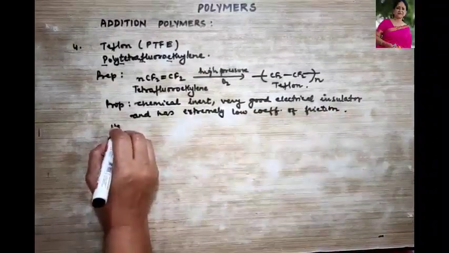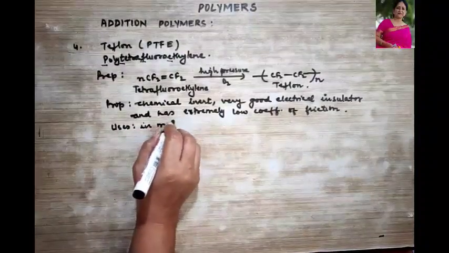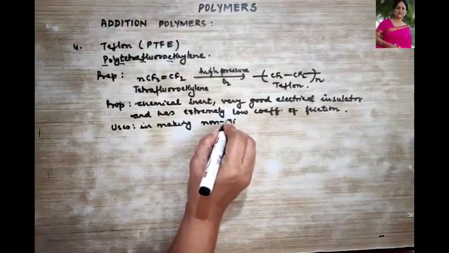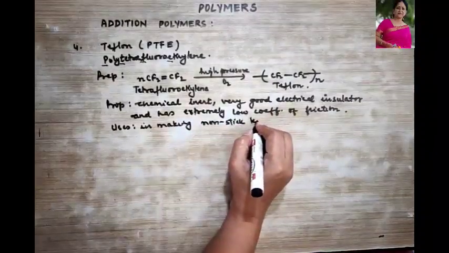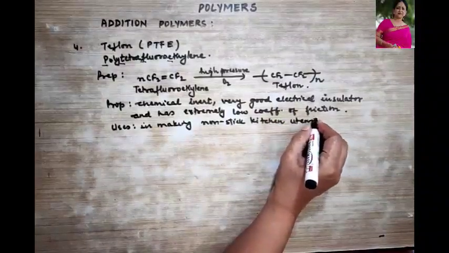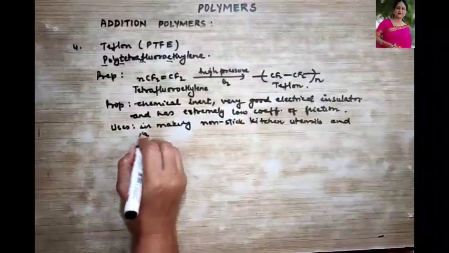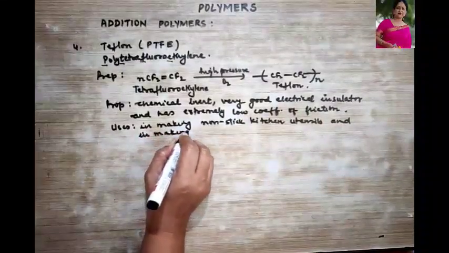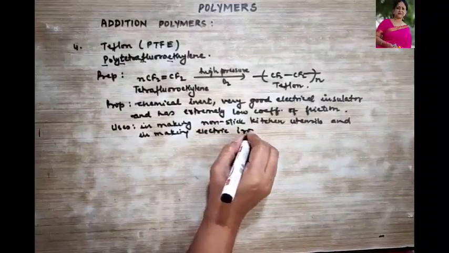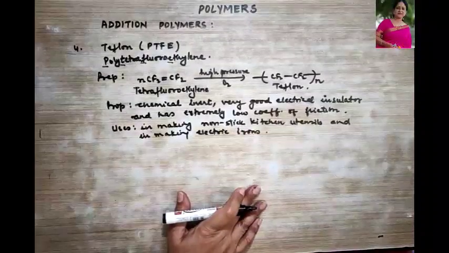Okay, and what are the uses of it? It is used in making non-stick kitchen utensils, and also in making electric irons. So this was all about Teflon.